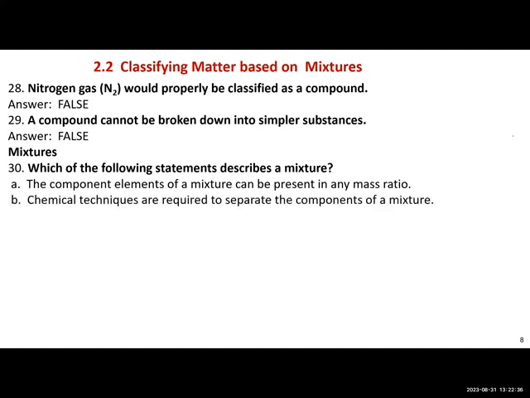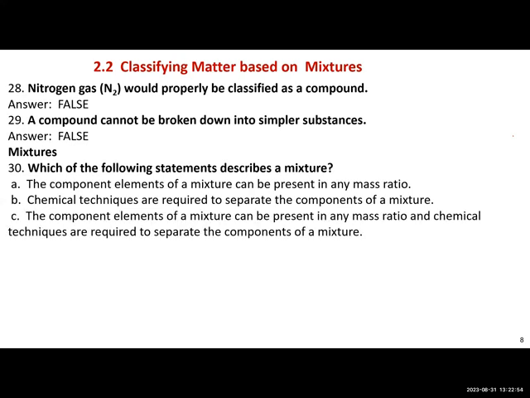Chemical techniques are required to separate the components of a mixture. We already talked about it. Mixtures are separated by physical properties like distillation, evaporation, filtration, physical. This is a false statement. The component elements of a mixture can be present in any mass ratio, that's true.